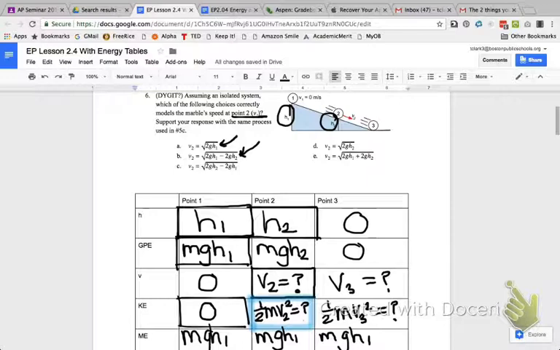So my total energy is mgh1, so that means that these two things that I'm highlighting in green should add up to this total mechanical energy that I'm highlighting in pink.